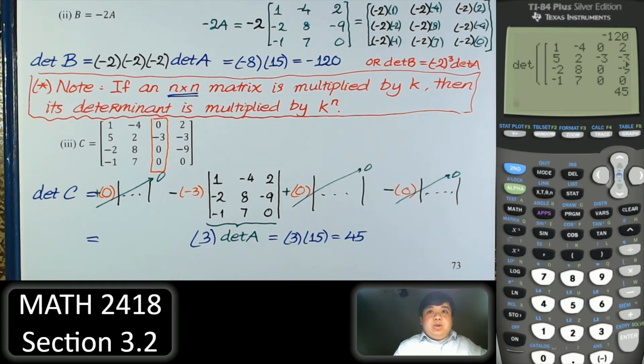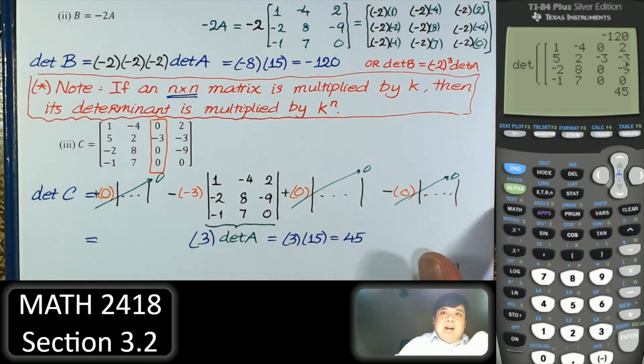So it's nothing special here, just the definition of determinant, and recognize that we already did the determinant of that 3 by 3 matrix.